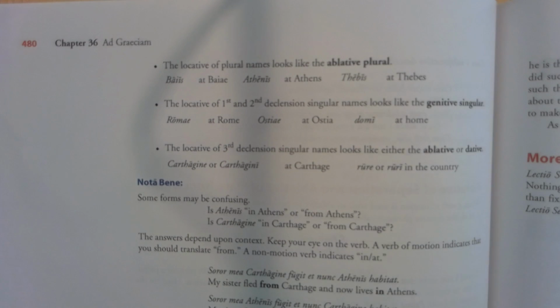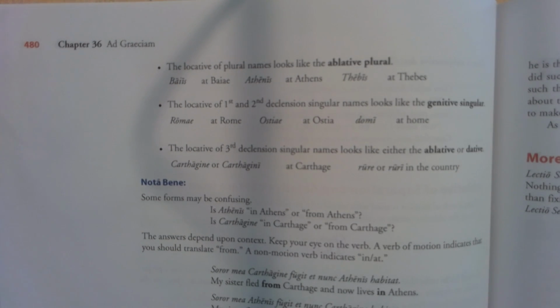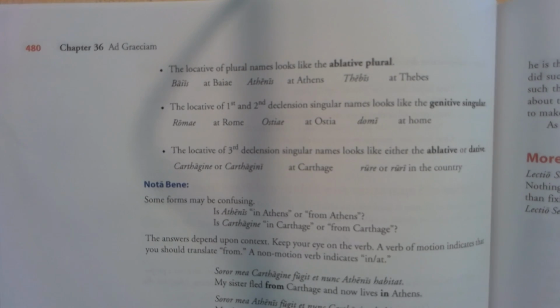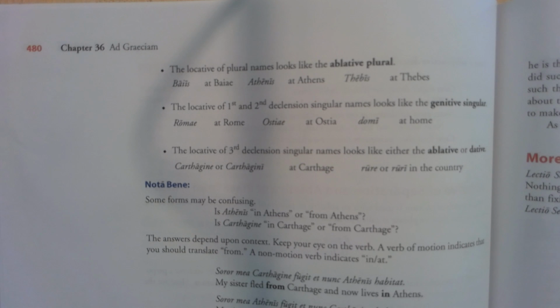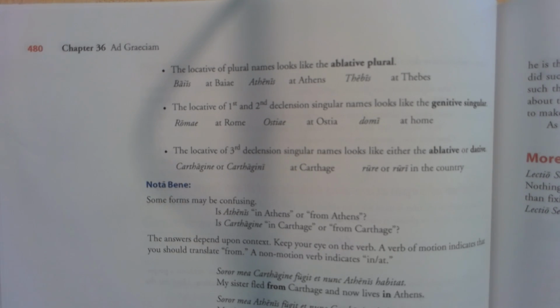Okay, over on the next page, 480, top of the page. It says locative of plural place names looks like the ablative plural. So you get some examples: Baiis, Athenis, Thebis. Okay, so we know is is your ablative plural.